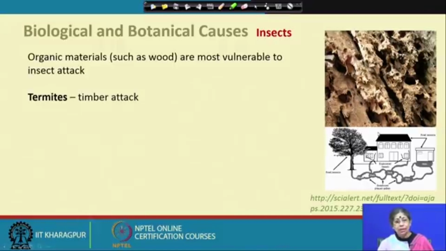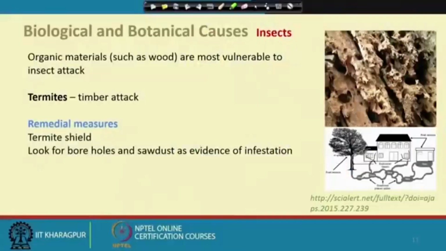There are certain particular conditions, particular temperature and other components, which are more comfortable for them. So, we must understand what these conditions are, what the temperature and other things are, so that we discourage this type of effect.